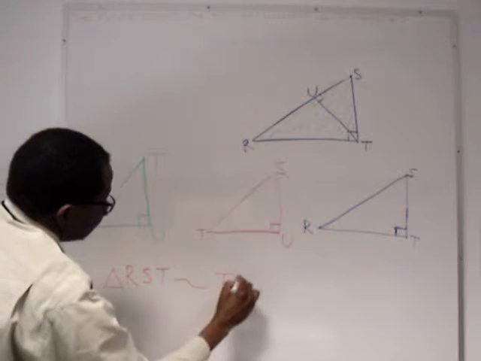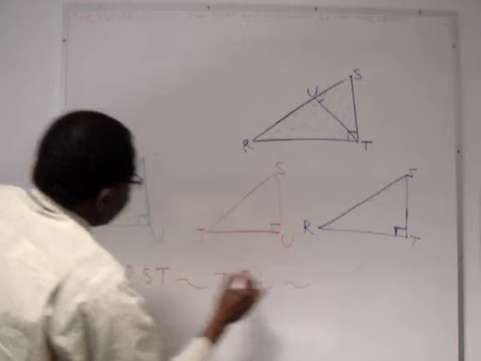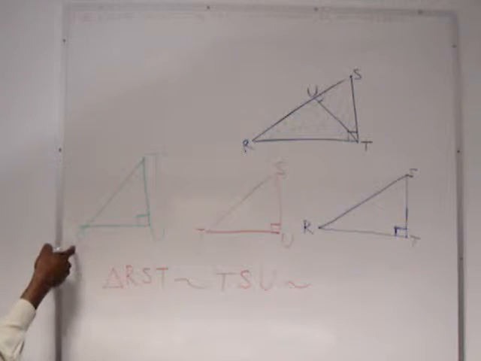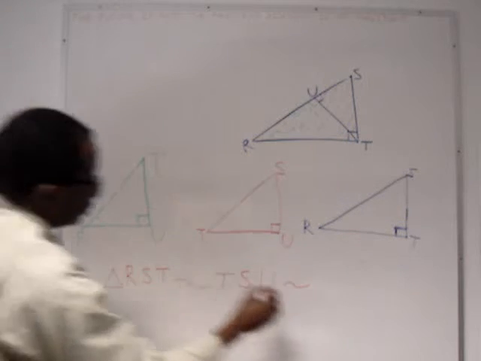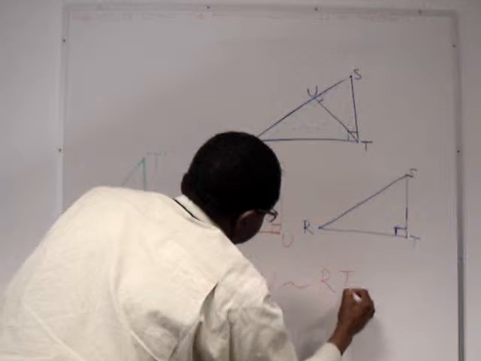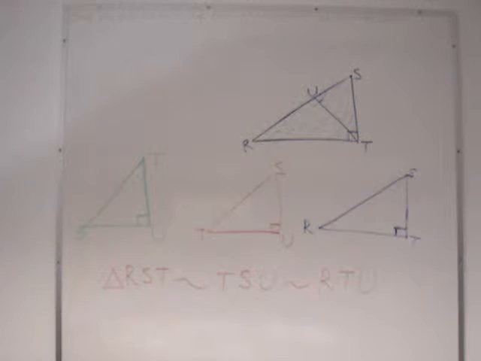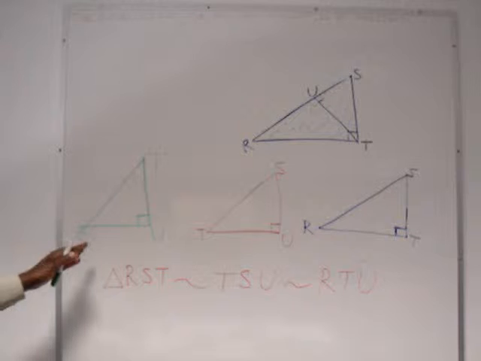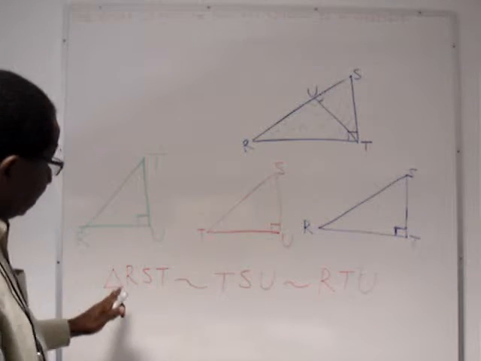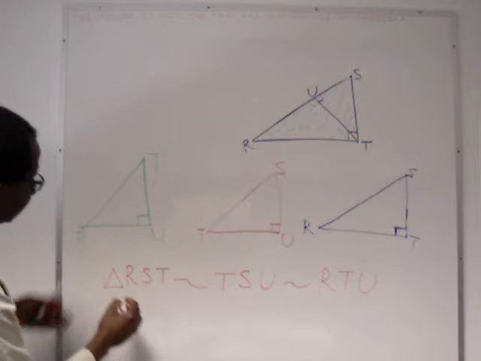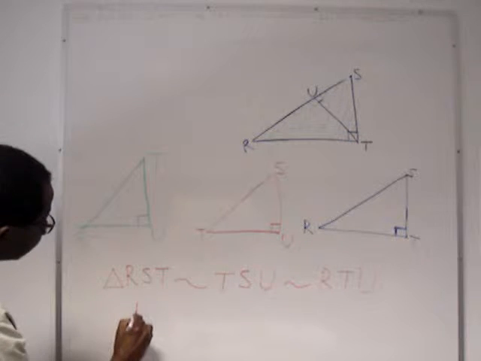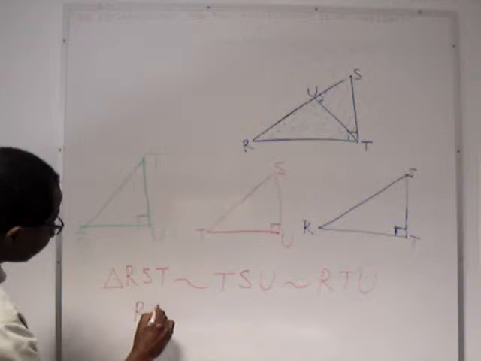So that will be TSU, and that's also similar to RTU. Okay? Is that okay with you? I hope that's okay. And therefore, it's easy because you can then start playing with the ratios.